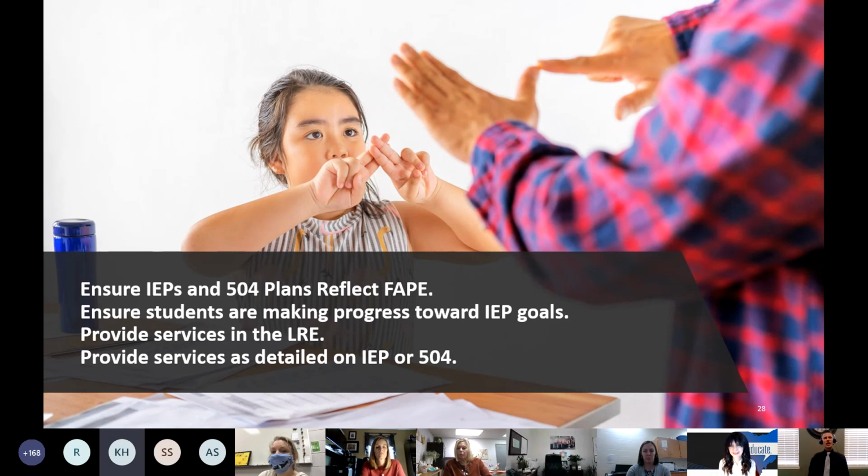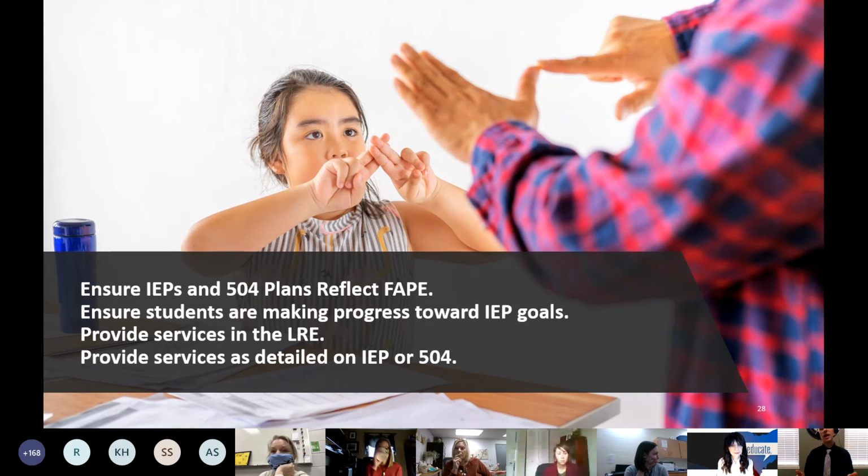Okay, and so in looking at all those things, I'm creating this process for me to calculate workload. Then what I'm looking at when I'm engaging in this is, okay, do I have my IEPs? Do I have my 504 plans? Do those reflect FAPE? I'm looking at all the progress that my students have. Which students are not making progress?